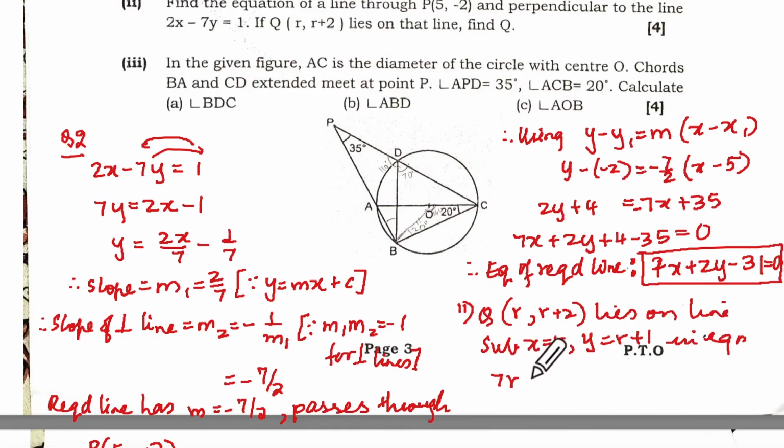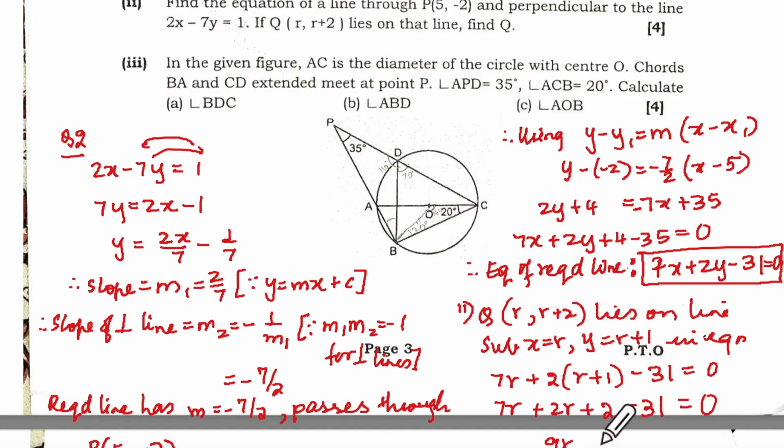So 7r plus 2(r plus 1) minus 31 equal to 0. So 7r plus 2r plus 2 minus 31 equal to 0.